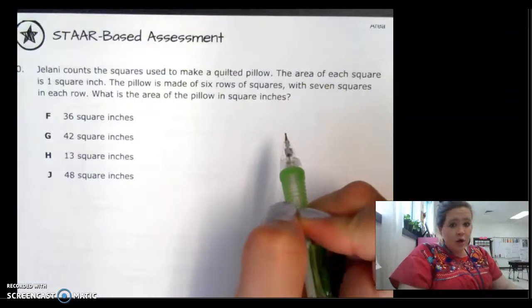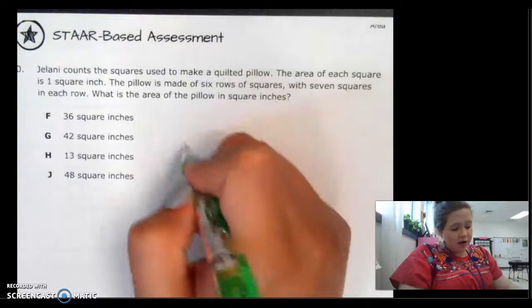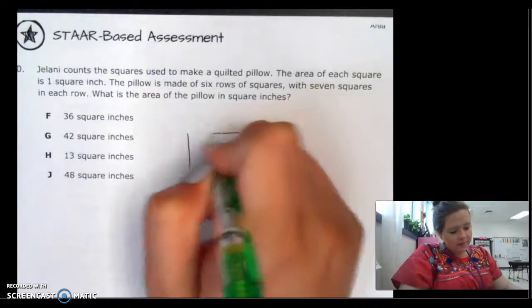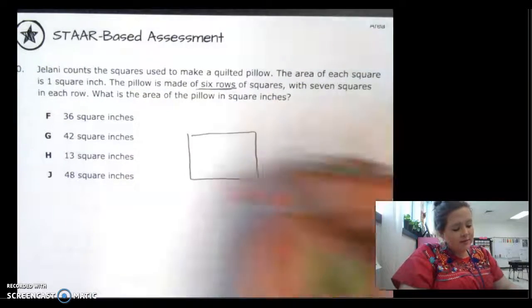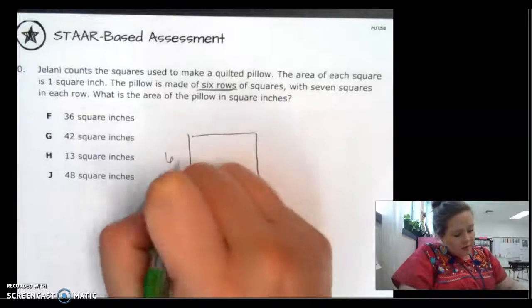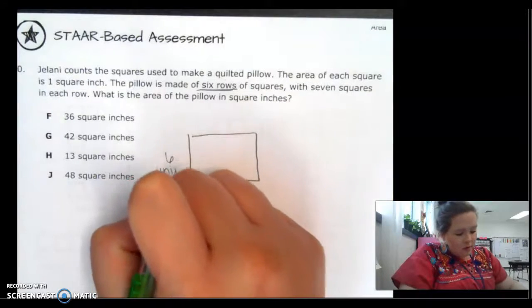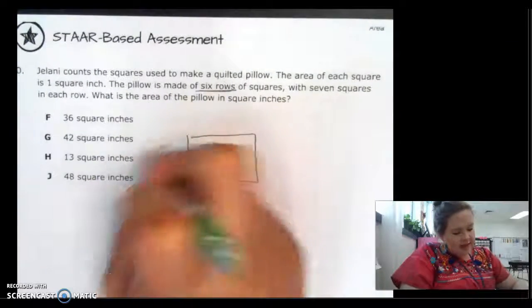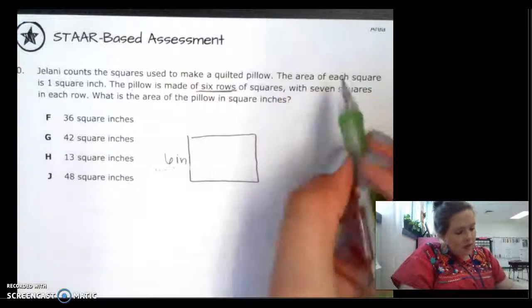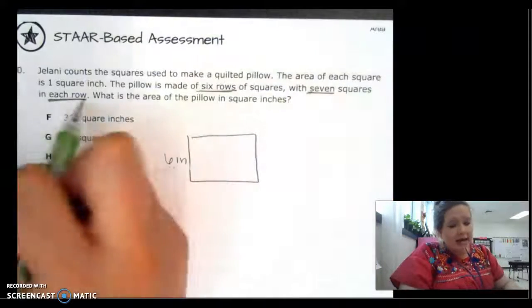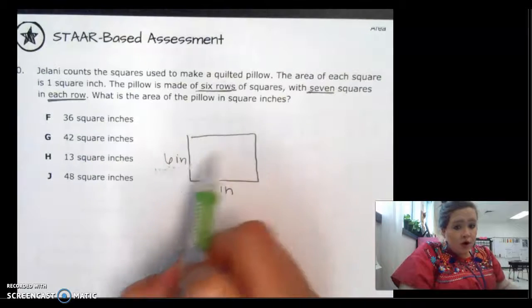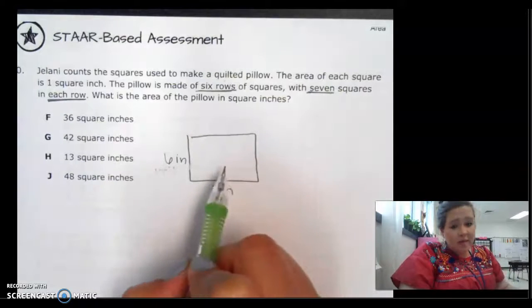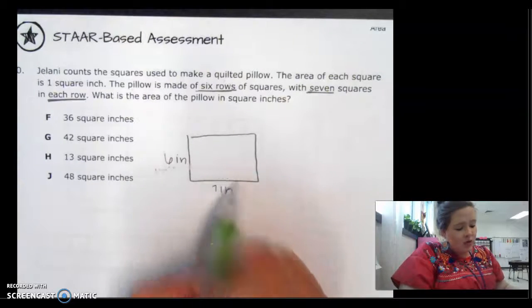All right. We do not have a picture here, so you need to draw one. Okay, the pillow is made of 6 rows. Oops, it's going to be inches. 6 inches with 7 in each row. So there are 6 rows going this way, and I'm not going to draw them in, and then there's 7 in each row.